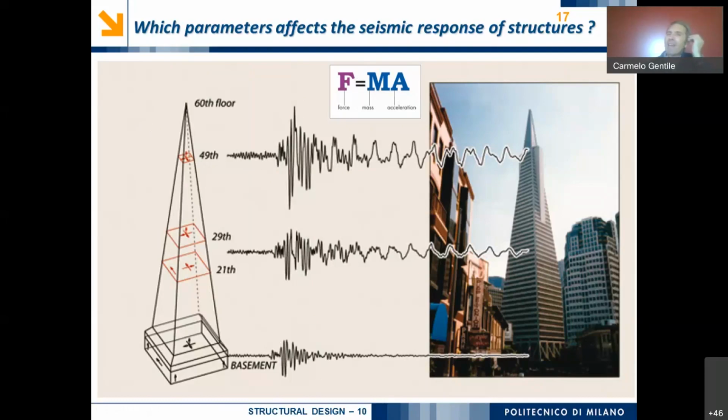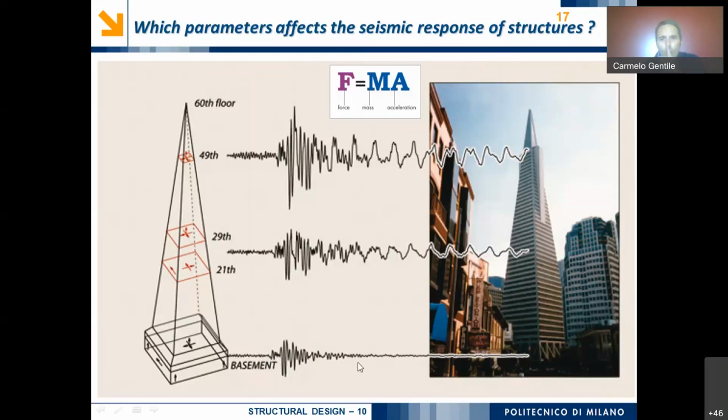So we can quite easily understand that for us it is very important to know the seismic hazard in terms of acceleration of the ground, of acceleration at the basement of the structure.